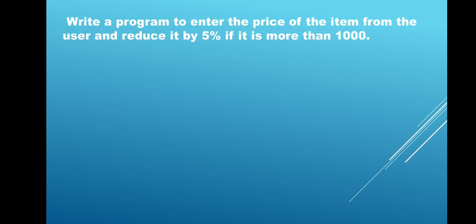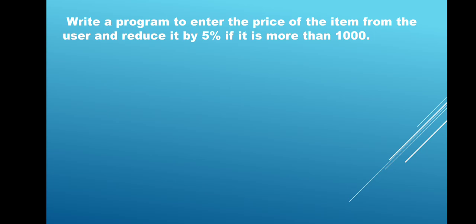Now let us see some more examples. The question over here is to write a program to enter the price of the item from the user and reduce it by 5% if it is more than 1000.